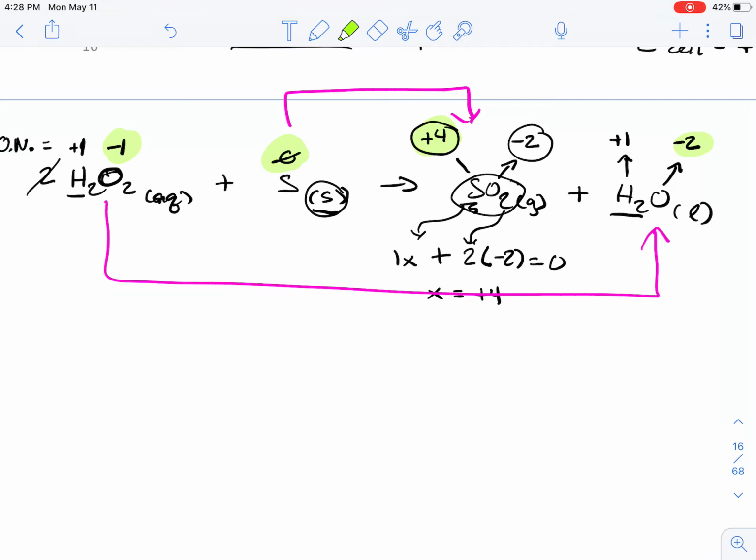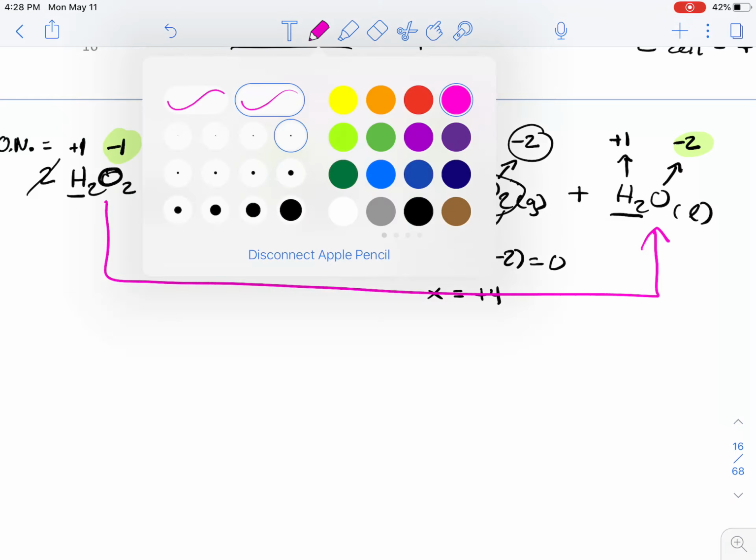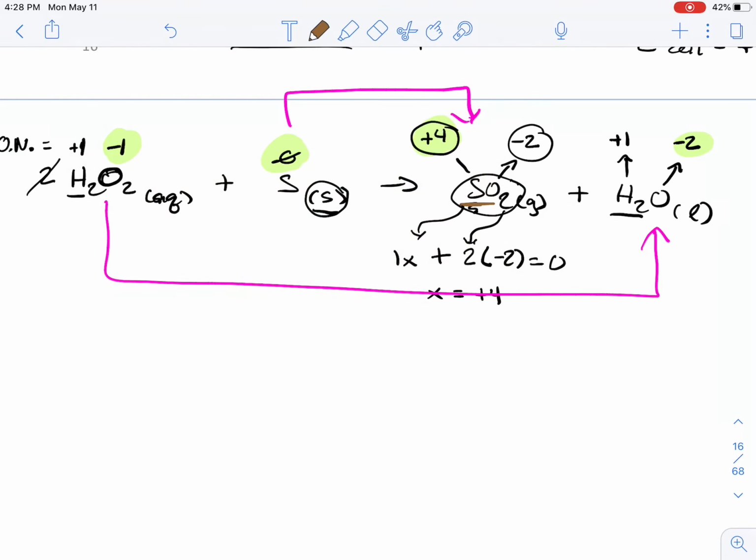Because sulfur is only found in one place, this compound, sulfur dioxide, is going to be compared to solid sulfur. That narrows your choices as to which compound the oxygen in hydrogen peroxide is going to be compared to.